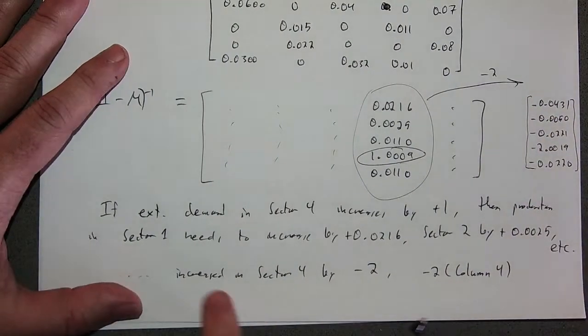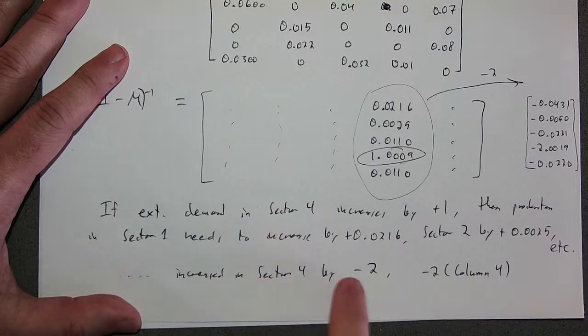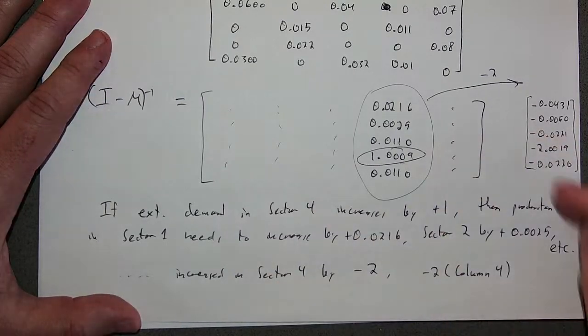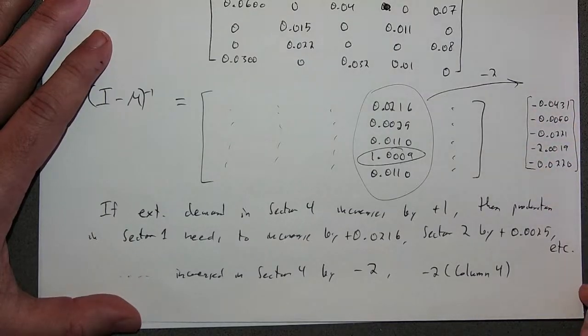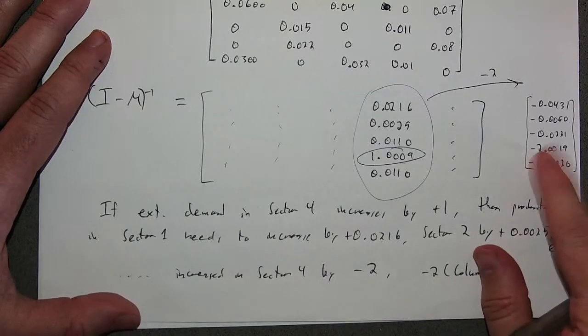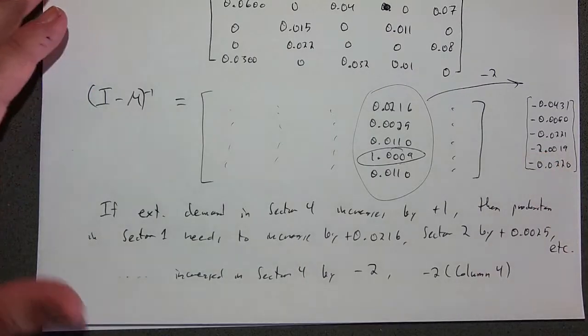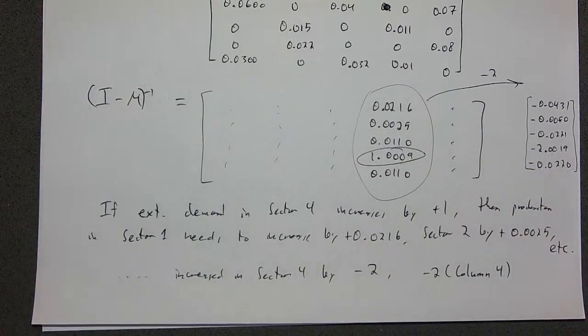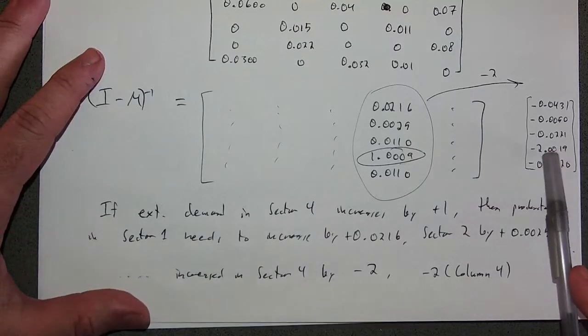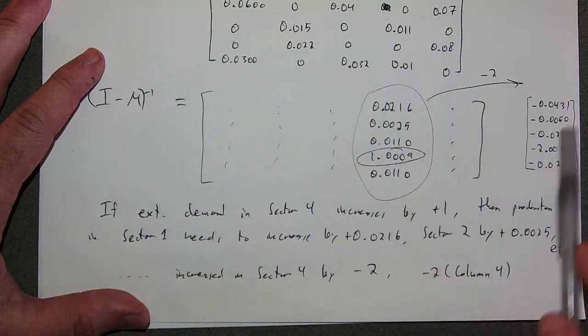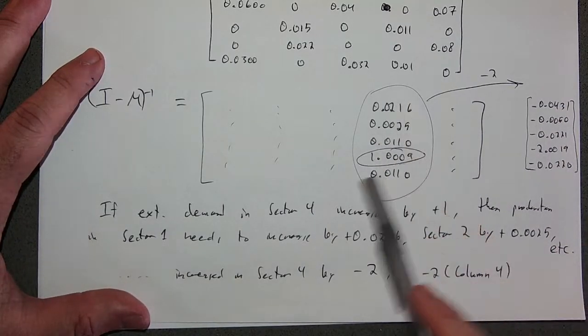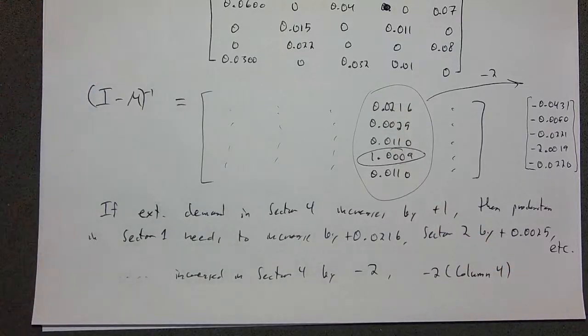Well, if the external demand in sector 4 decreases by 2, then of course it makes sense that I now need to scale back production in these sectors in this way, right? Here I'm scaling back production in sector 4 by more than 2, and that makes sense, because now not only do I need to make less of that product, but I also need to make less of product 4 for the other sectors, right? So this is the idea, okay?